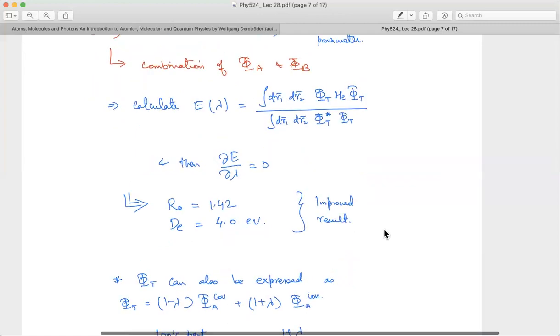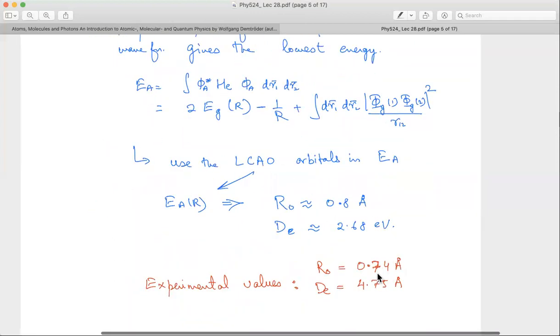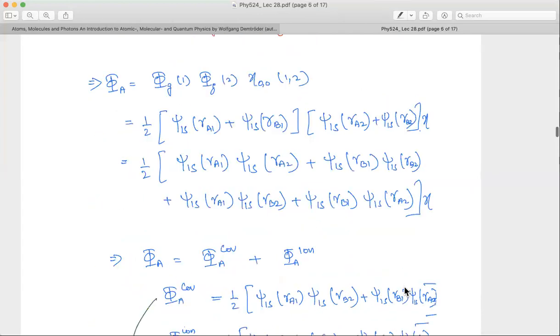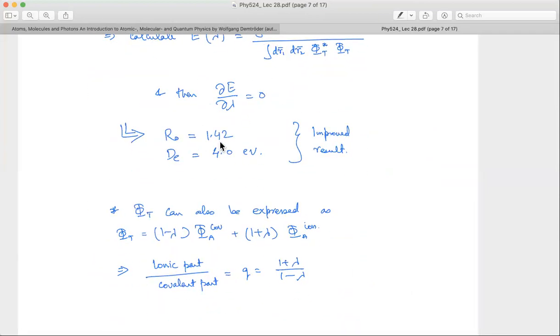So this is a considerably improved result, because the exact result was 0.74 for R0 and 4.75 for DE. Here we get roughly 0.71 as R0 and 4 eV as the dissociation energy. So this is already a considerably improved result coming from the variational principle.